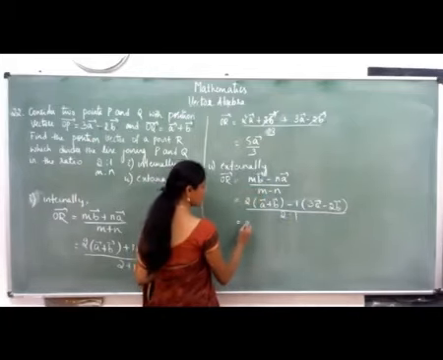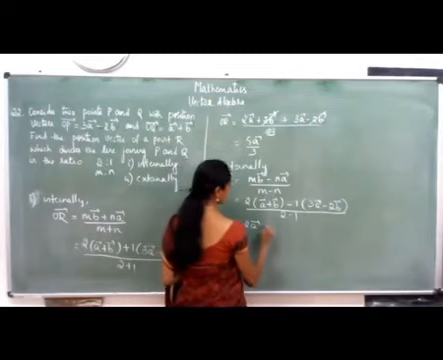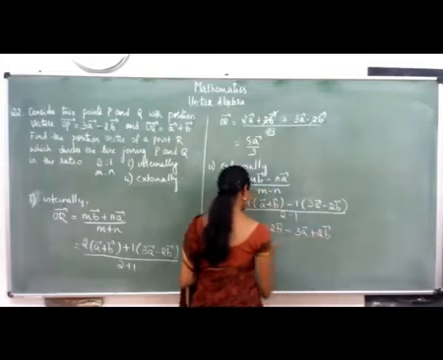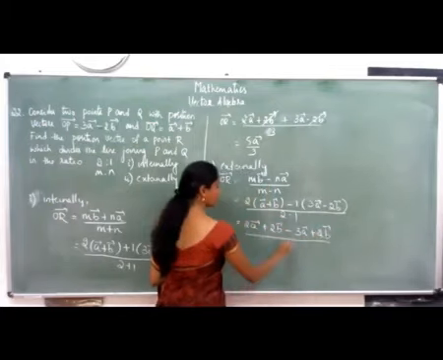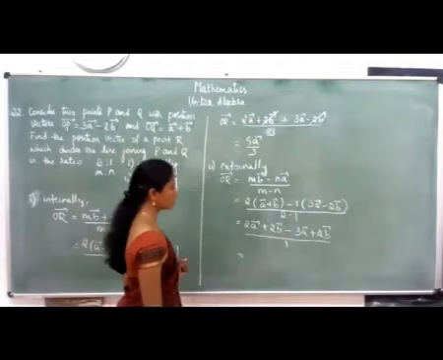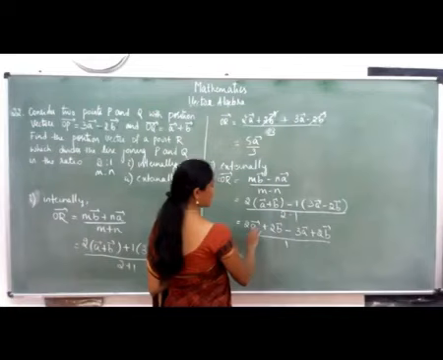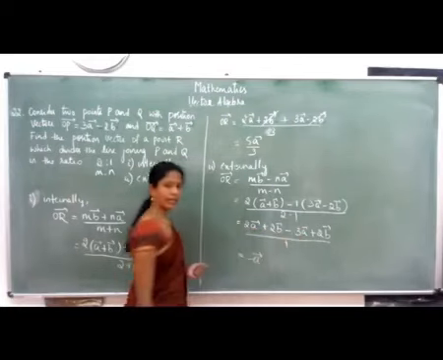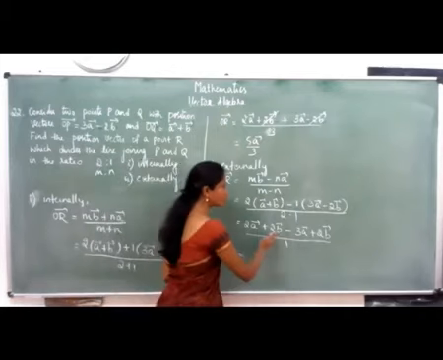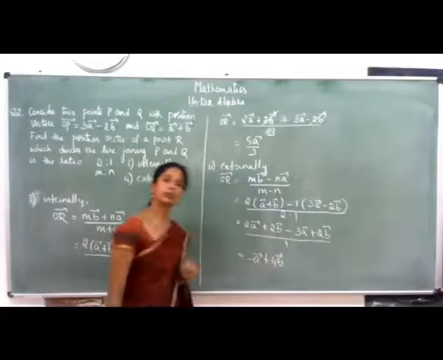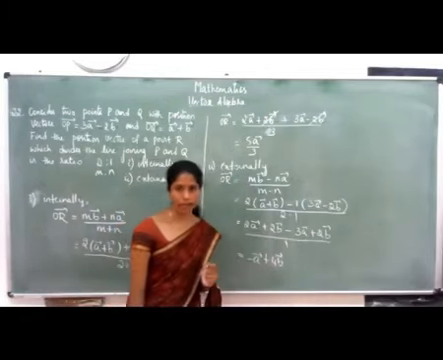Simplifying further, it is 2 times vector A plus 2 times vector B minus 3 times vector A plus 2 times vector B, divided by 2 minus 1, which is equal to 1. Therefore, 2 times vector A minus 3 times vector A will be minus vector A, then 2 times vector B plus 2 times vector B is 4 times vector B, whole divided by 1.